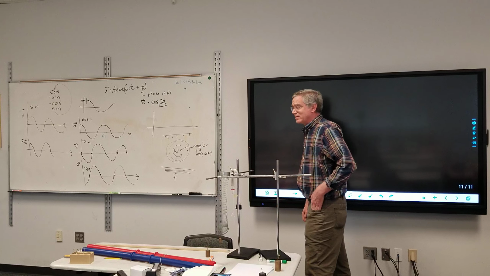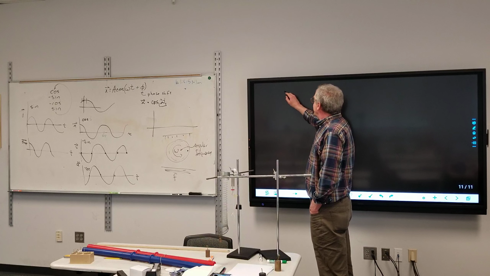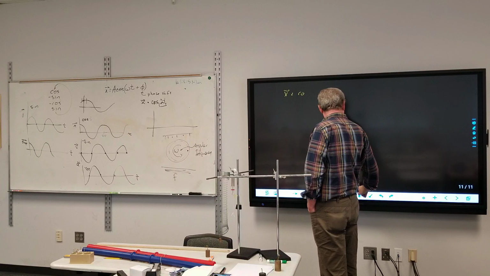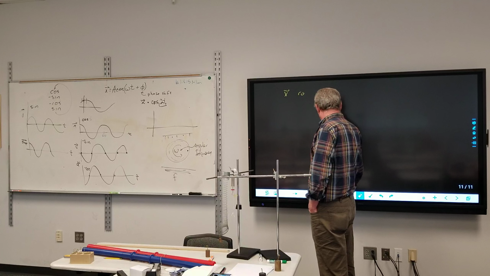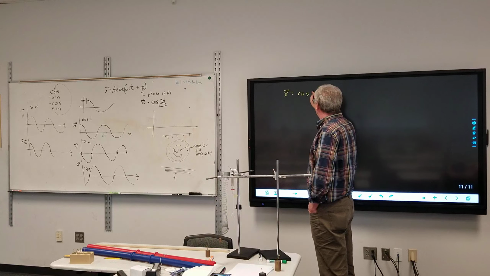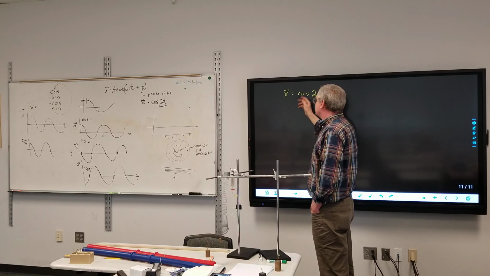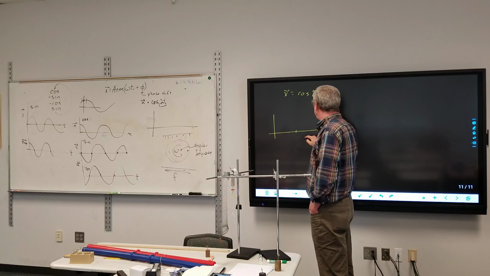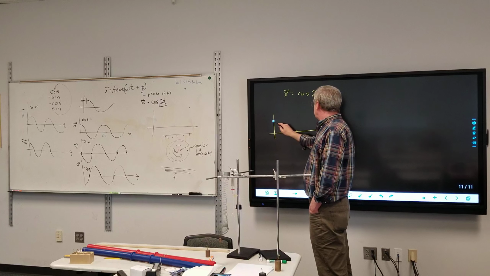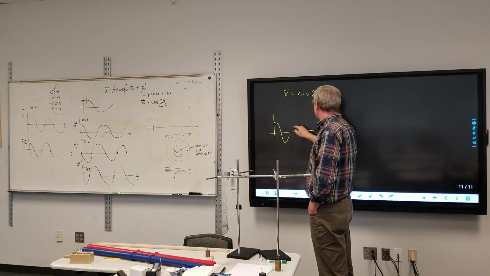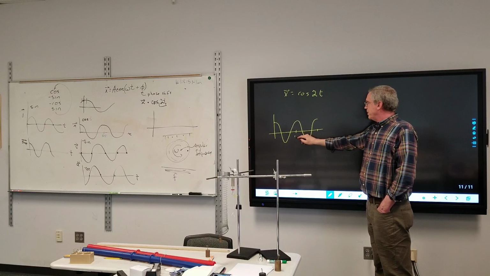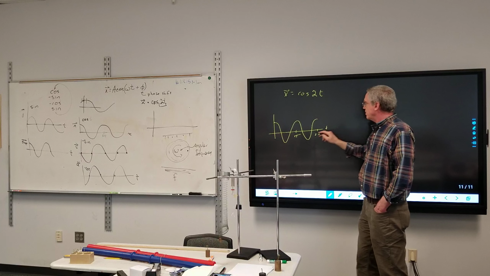All right, next step. If I have x equal to the cosine of 2t, so that's pi, 2 pi, my graph's looking like that, where this is time and this is position.